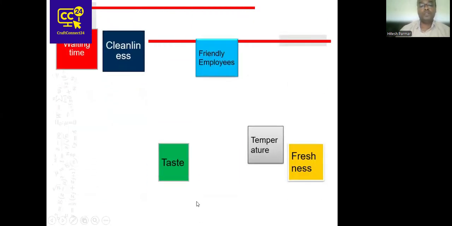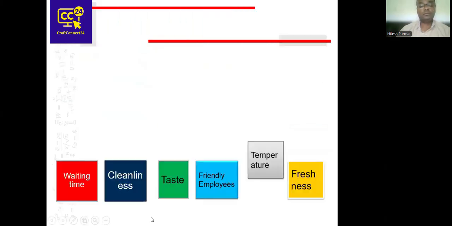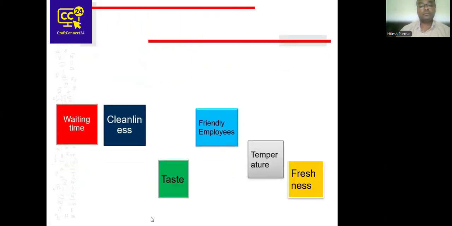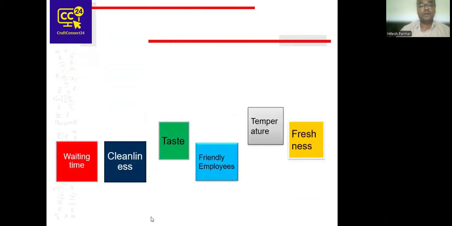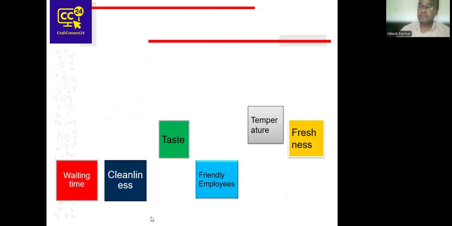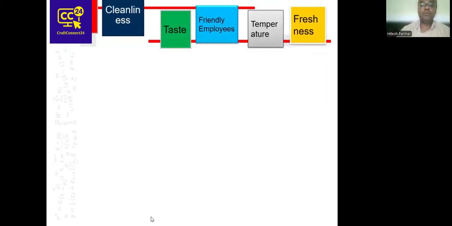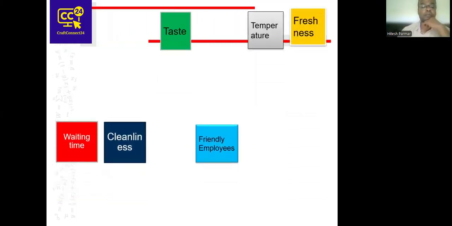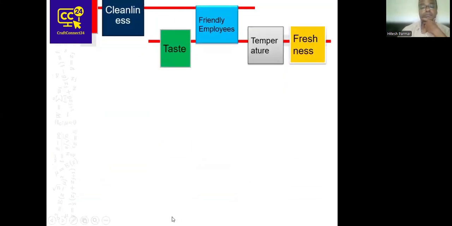You can use the chat box. Those variables which are moving together, you can consider them as a part of the same factor. So from the movement, can you identify the number of factors? Let me see.